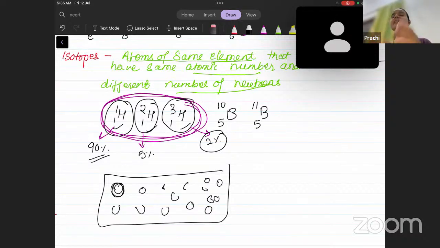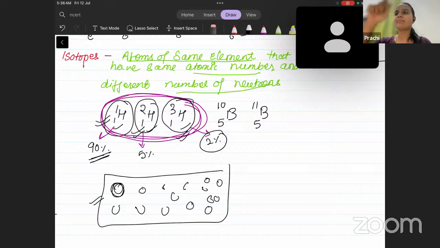That means that if I am bringing this particular sample from anywhere on the earth or from outside the space, in whatever sample you have, you will have 90% of this isotope, 5% of this, and 2% of this. So let's suppose I ask you to pick any one atom from this sample where you have 100 atoms of hydrogen, then if I ask Gayatri, okay, Gayatri, one atom.